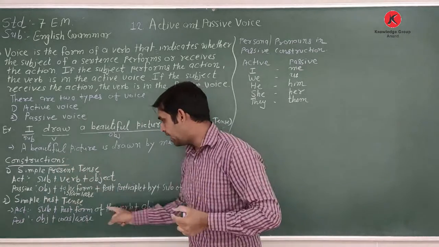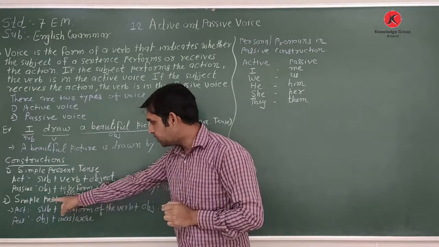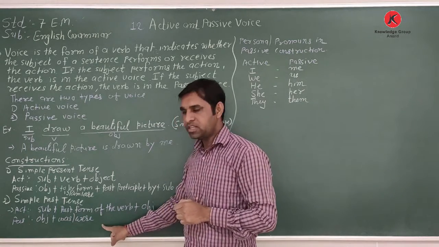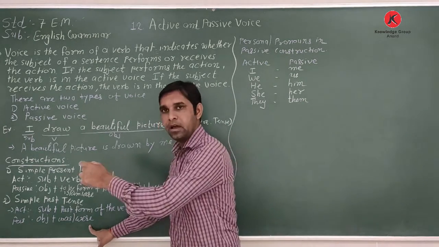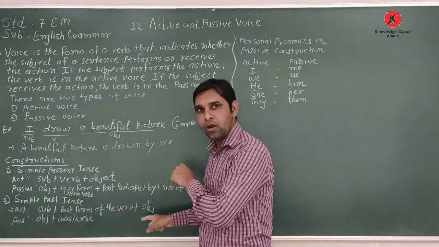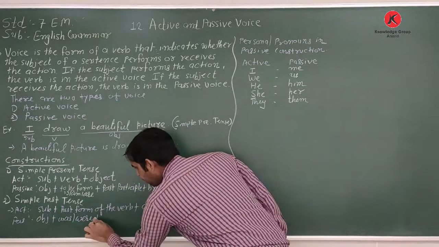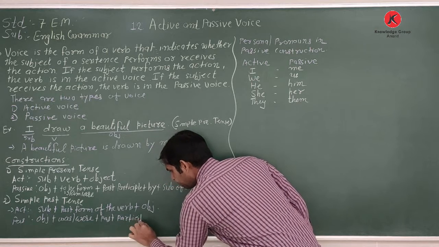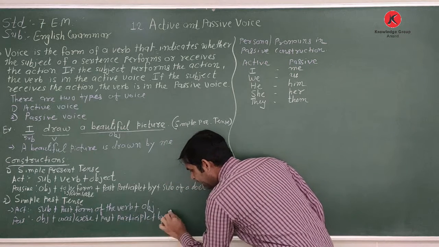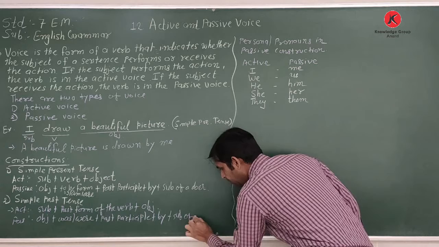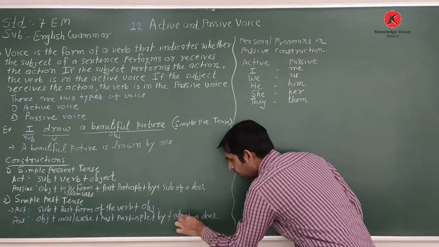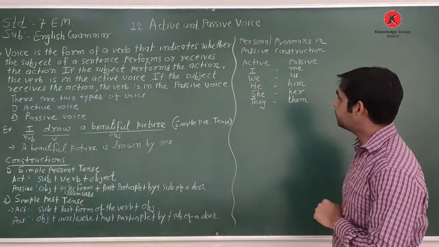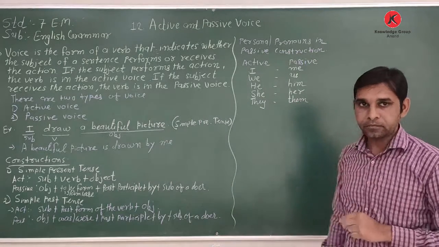If the active sentence of simple past tense is I drew a picture, what is the passive? A picture was drawn by me. So was or were, then the past participle, then by, then the subject of the doer. That was the first and second. Now we come to the third.